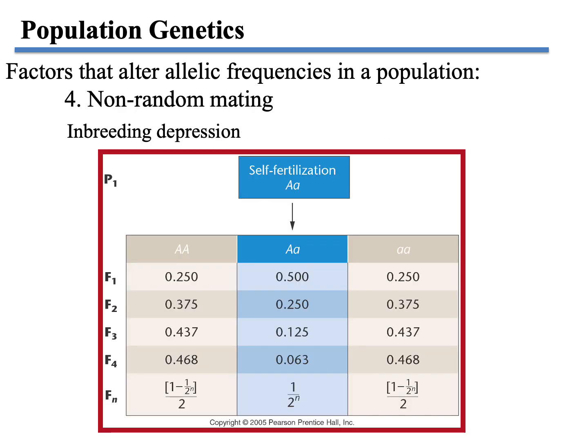The Hardy-Weinberg law also makes the assumption that random mating is in fact taking place. If non-random mating occurs, we can see things known as inbreeding depression. This would be a situation, inbreeding, where there's a mating between relatives, and this increases the proportion of homozygous individuals in a population for a given allele.